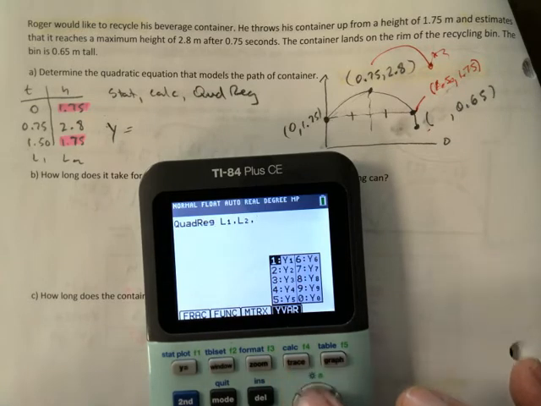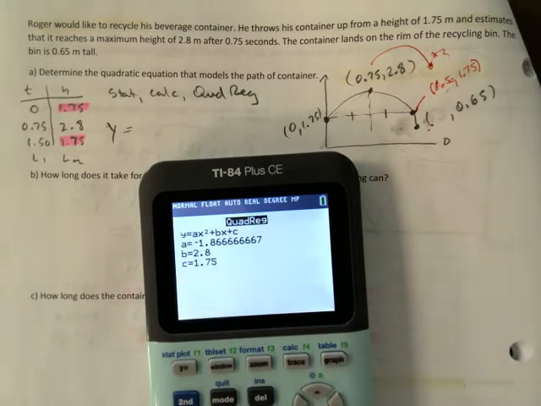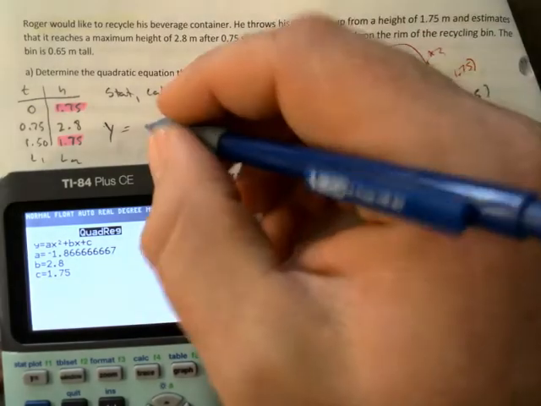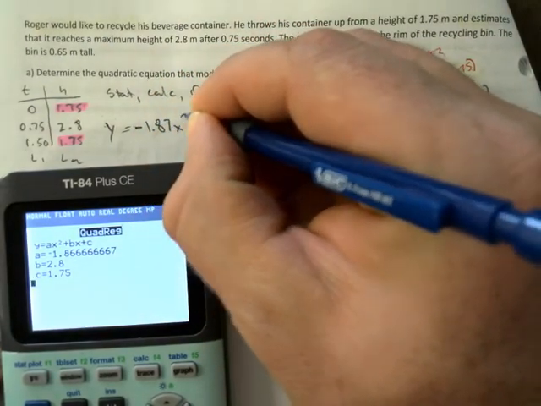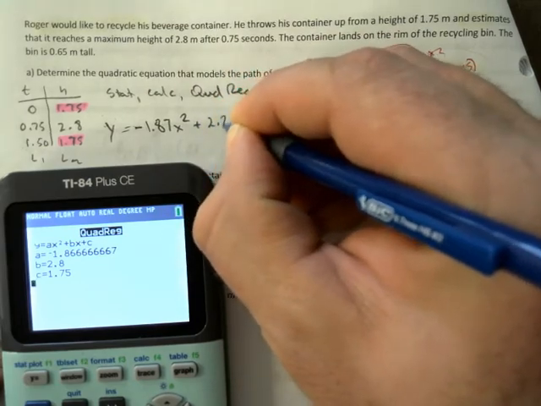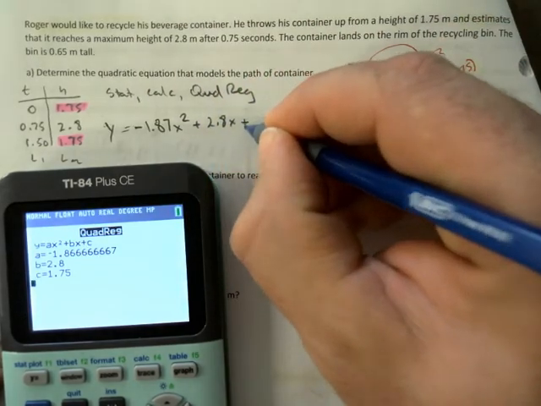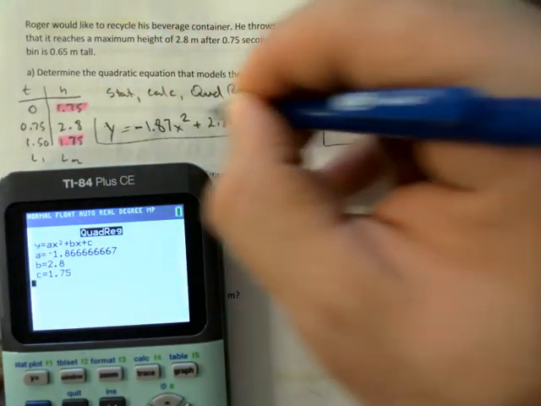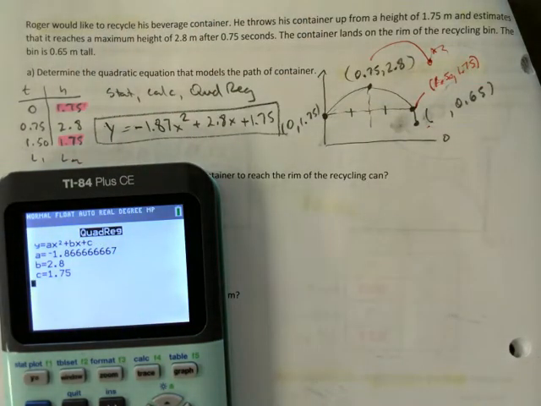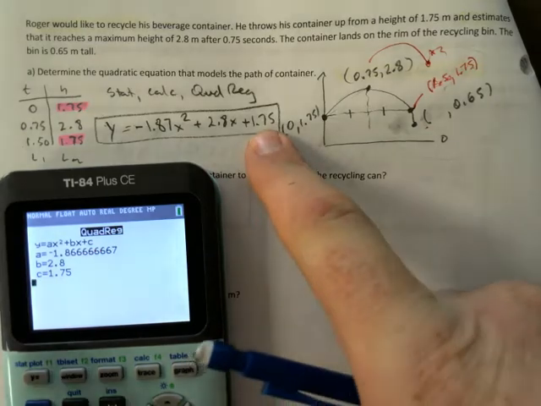Alpha trace? Yeah, there it is. Negative 1.87x squared plus 2.8x plus 1.75, which makes sense, right? The initial height should be 1.75.